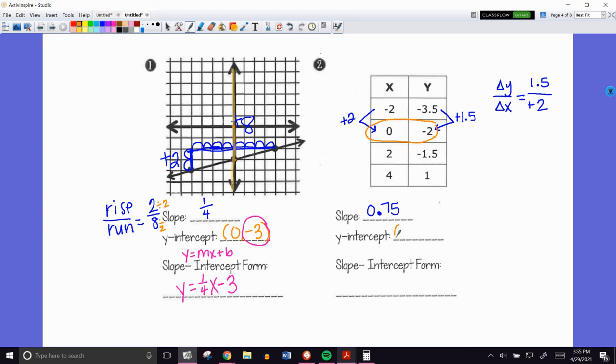So my y-intercept is at 0, -2. So that helps me when I'm going to write the equation. I'm going to put y equals slope, because slope is my m, so 0.75x, and then my y-intercept is -2.